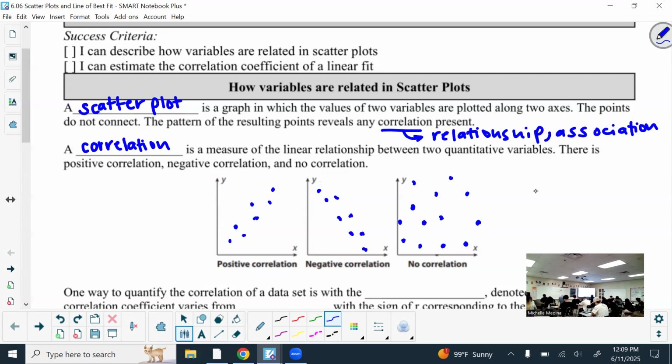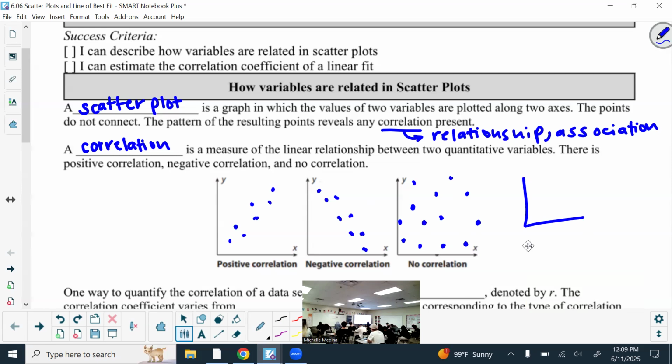Another no correlation situation would be if they're all in the same value. So it's either all in the same value, no change, or you just can't tell if it's going up or down. So that would be our no correlation.